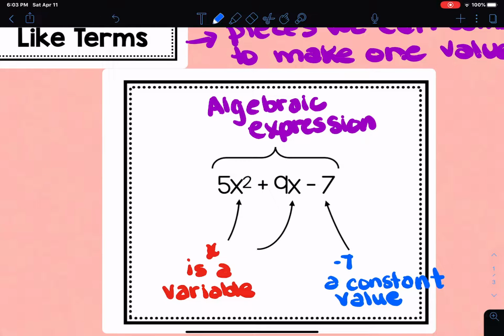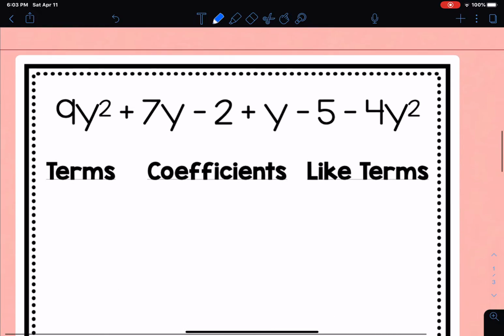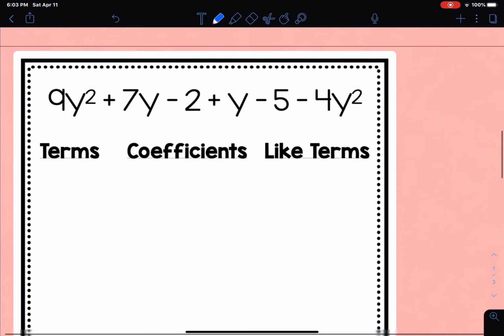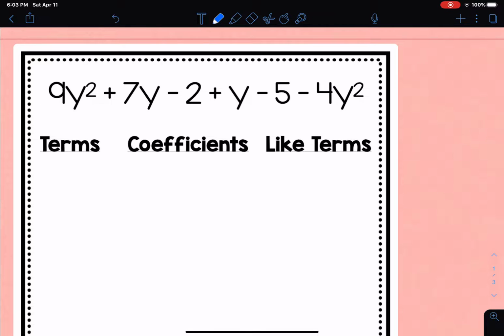Now I'm going to give you an example of a long string of them, and we'll talk about what parts you remember and what parts go with what specific vocabulary word. So I have 9y squared plus 7y minus 2 plus y minus 5 minus 4y squared.